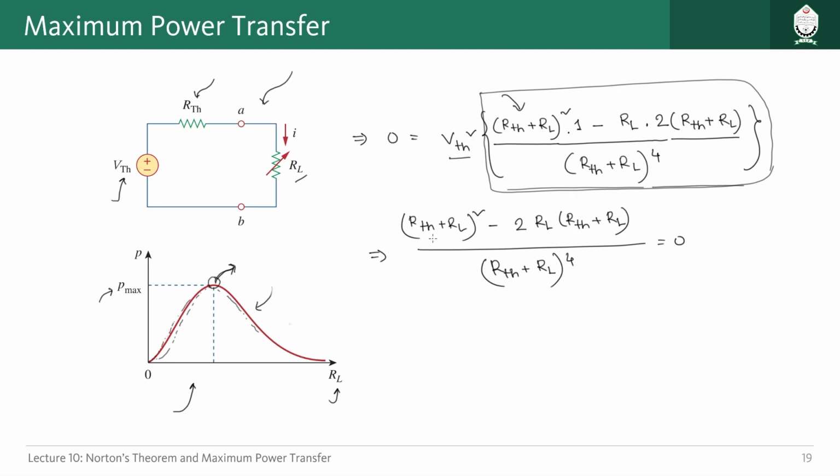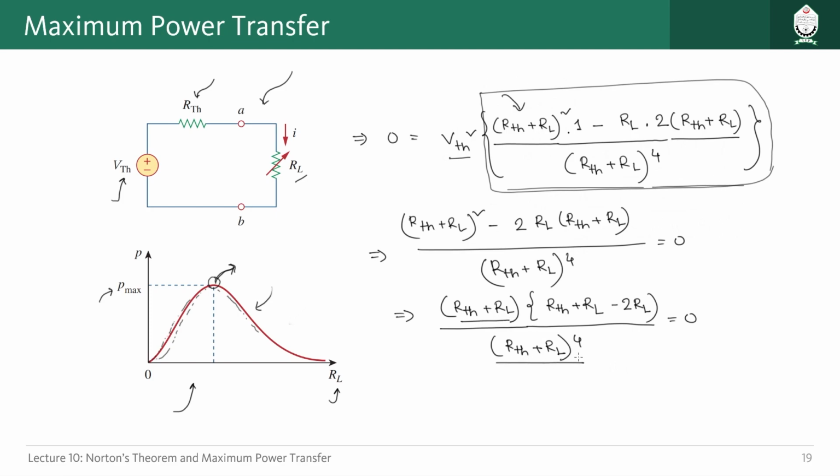We can take RTH plus RL common at the numerator, then we can further simplify this one, right? So it should be something like this: (RTH plus RL), then in bracket we will have RTH plus RL minus 2 RL, and at the bottom we have (RTH plus RL) to the power 4 is equal to 0. So we can further simplify these two.